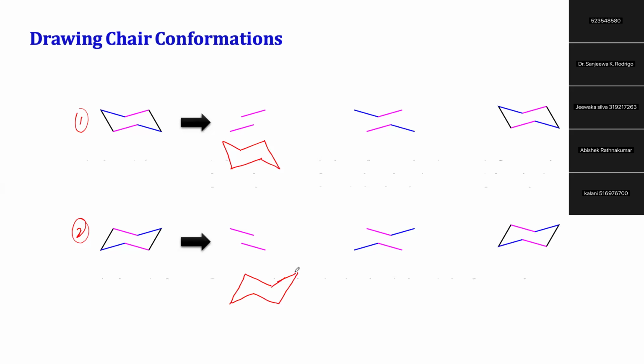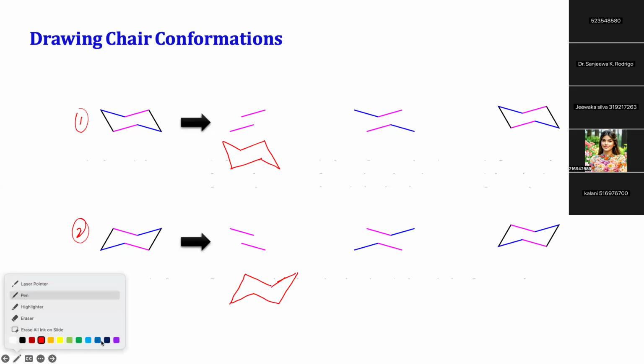Is it clear? Yes, sir. Yeah, you can try on your own, and then you won't go wrong with drawing these conformations of cyclohexane. So all you need is two parallel lines. If you draw one, then you have to do the kind of mirror image to the other one. So it's easy. So let's draw together.